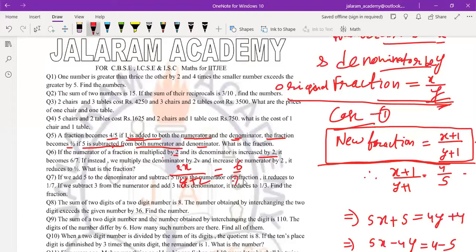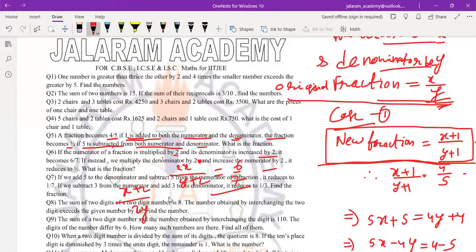So the first condition, 6 by 7, cross multiply to get the first equation. And if we multiply the denominator by 2, it is only 2y, so the denominator becomes 2y, and increase the numerator by 2, so the numerator becomes x plus 2.